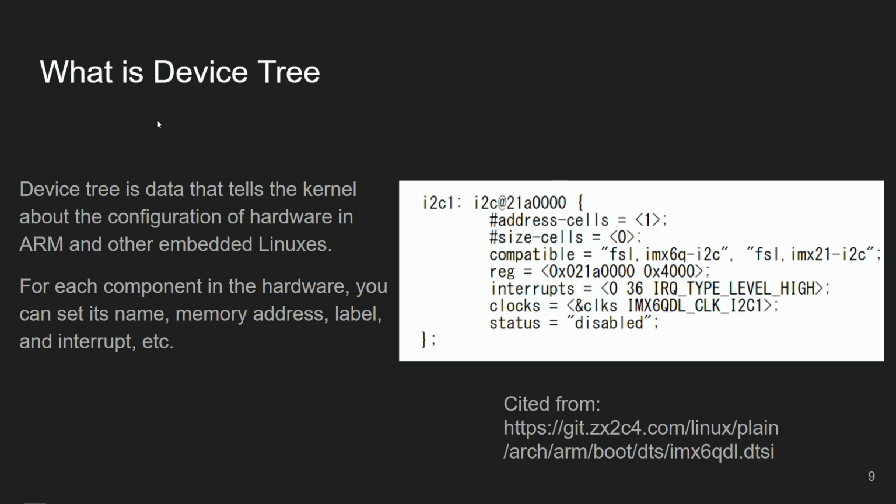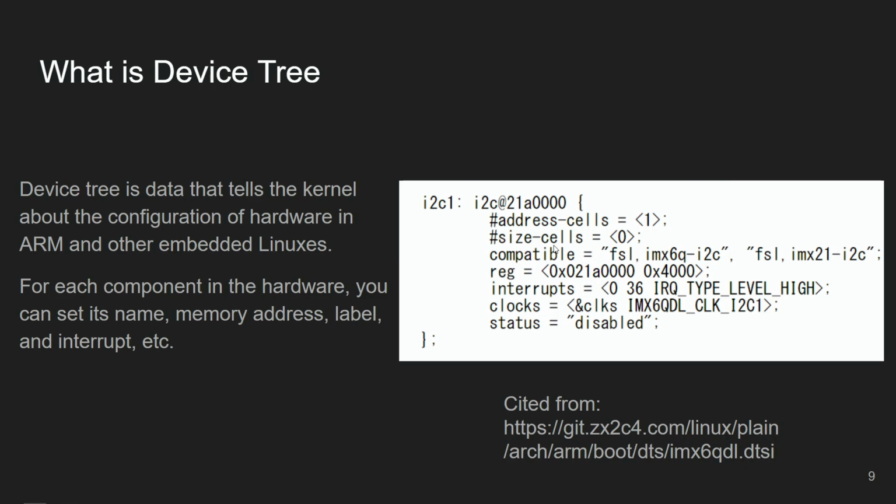Before device tree overlay, I will describe device tree. Device tree is data for the kernel about the configuration of hardware in ARM and other embedded Linux. Please look at this figure.